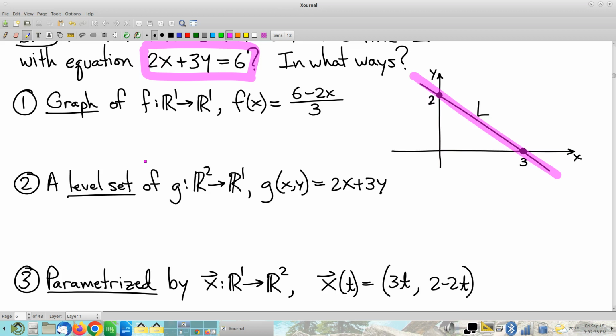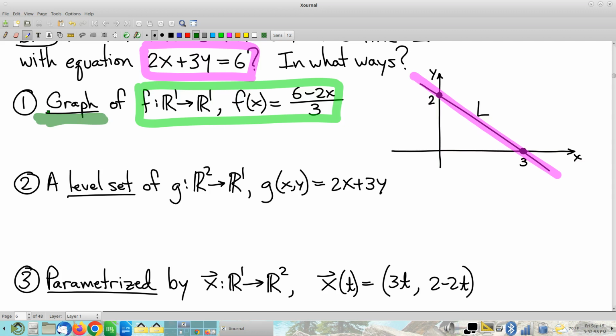I claim here, I would use green here, that this is a function, what I have in green, whose graph is this purple line. Now, how do I know that's true? Well, keep in mind what a graph is. A graph is what you get when you take your function and set its values equal to a new variable.